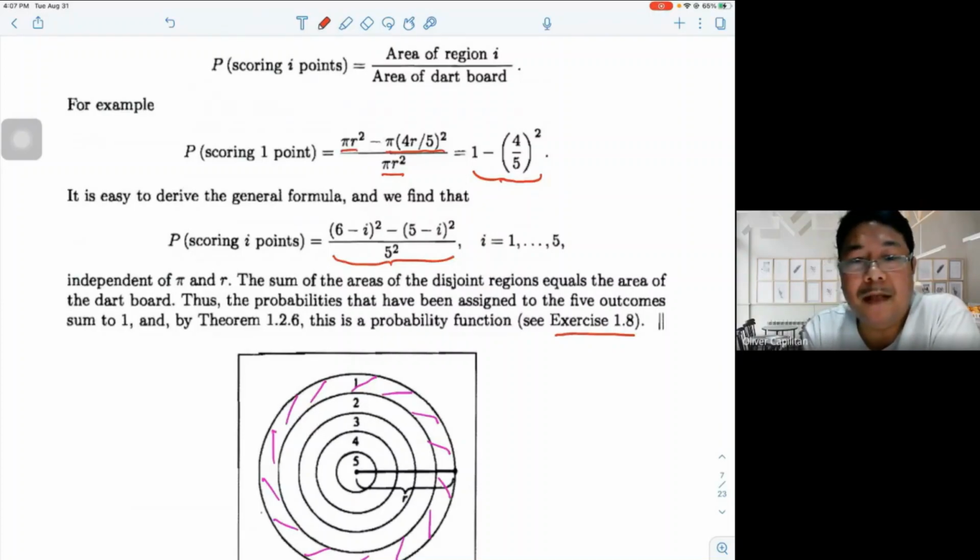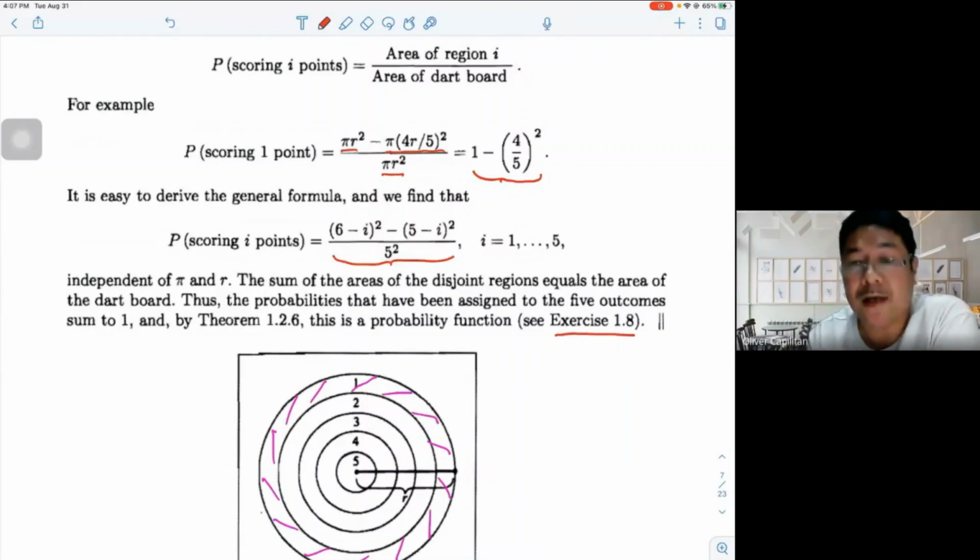Next, the probability of our sample space S should be equal to 1. And then, if we have pairwise disjoint or mutually exclusive finite events, then the probability of the finite union of these events should be equal to the finite summation of the probabilities of these events.